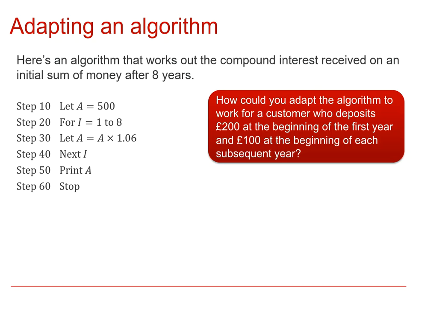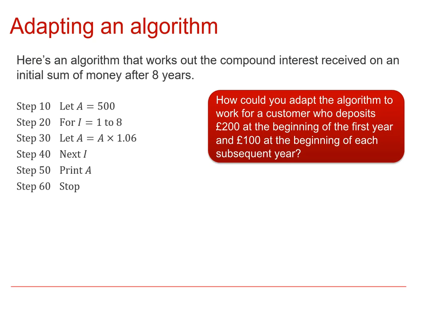We've got the same algorithm again, but there's a new question which is asking you not just to analyze the algorithm that's there and figure out what that does, but actually to say how could you change it, what could you maybe add to it in order to do something which is a little bit more sophisticated. So as well as a different initial amount of money, that should be fairly straightforward to do.